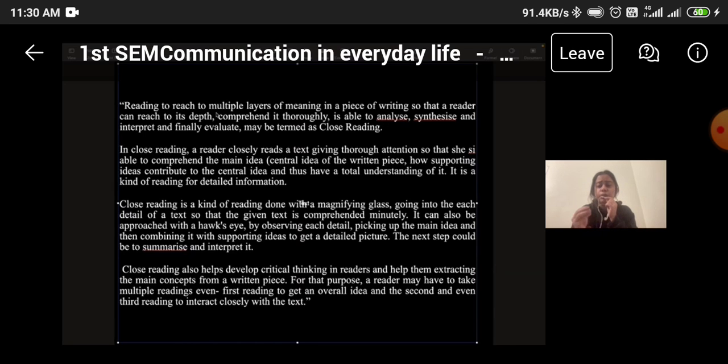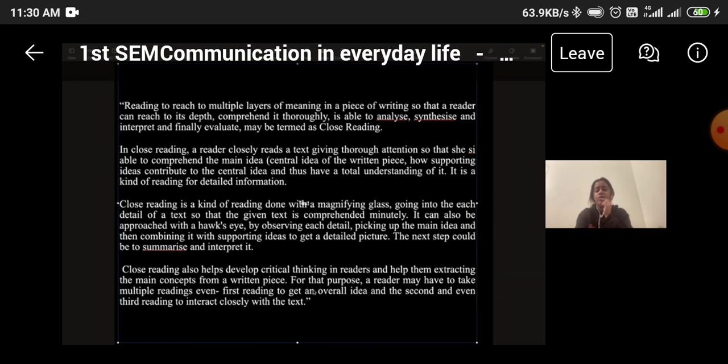We have to observe the details, pick the main idea, and understand the supporting ideas. While we are evaluating and creating meaning, we have to combine our supporting idea with our central idea, and this is synthesis after analyzing. So close reading helps us in developing critical thinking.